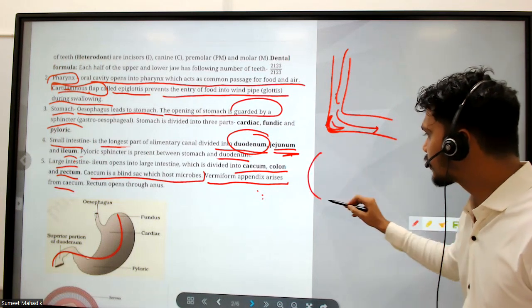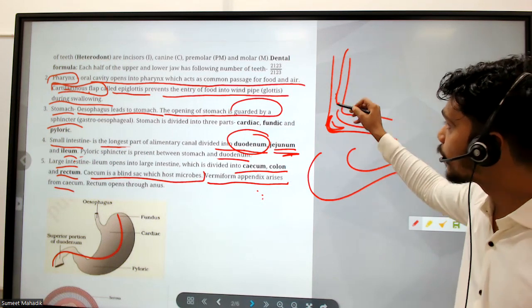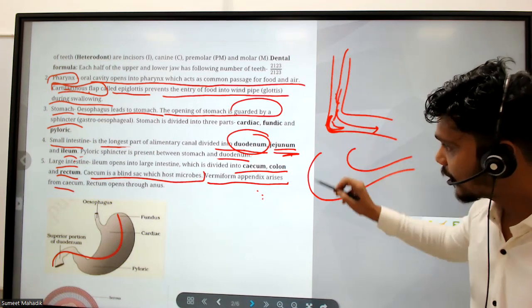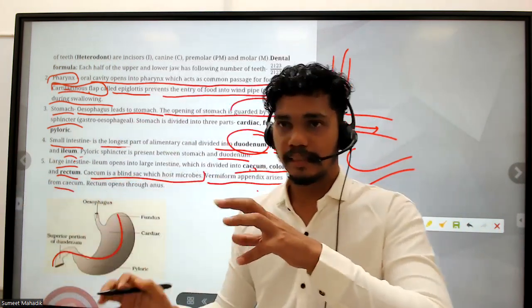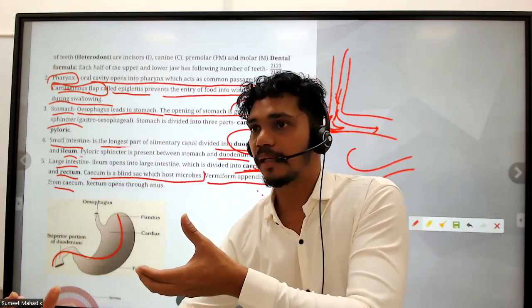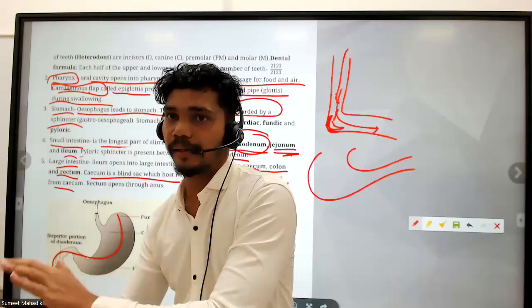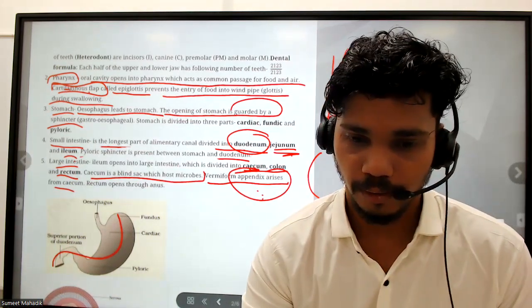Even you can see rivers turning like this, right? This area is much more spread out. Why? More pressure is coming. Similarly, where this part and the large intestine are attached, there is something on this side, so it gets accumulated there, and it leads to what? Formation of the appendix. I'm going to show you it.